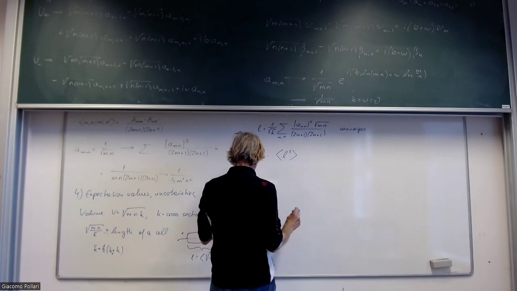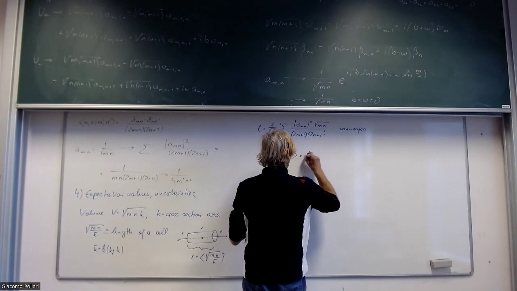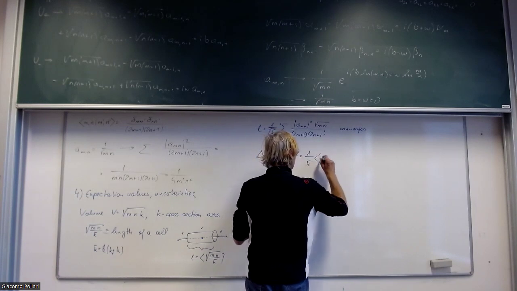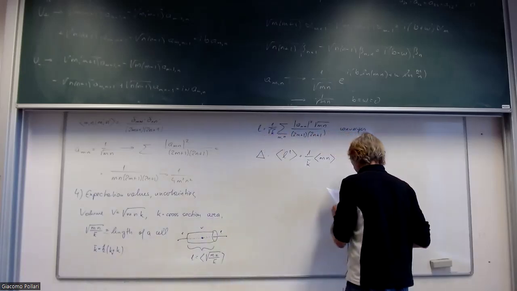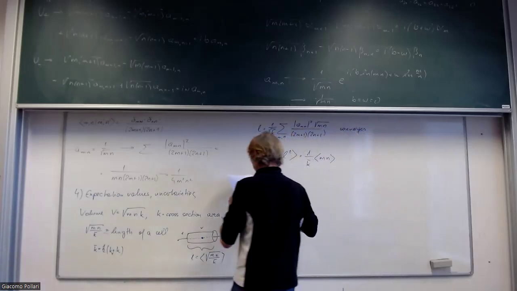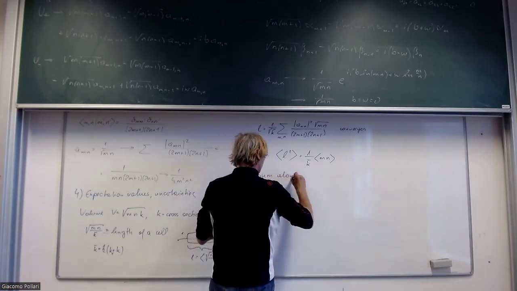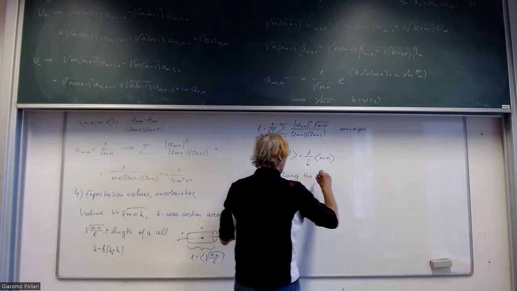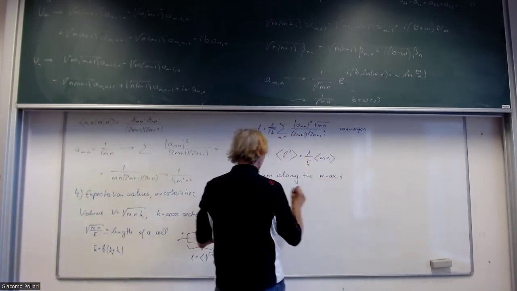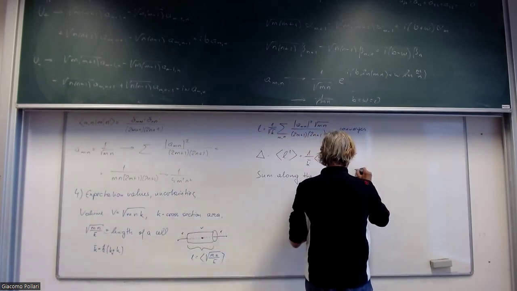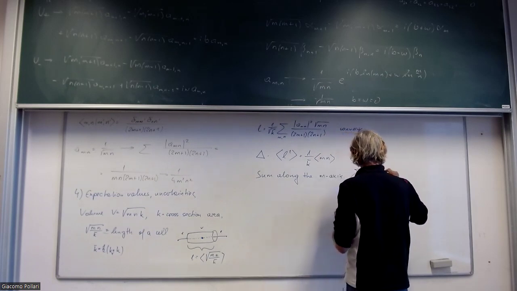But now take the uncertainty delta L. We need the expectation value of L squared, which contains, well, 1 over a is the expectation value of n. Take first the sum along the axis, the n axis, of a_{n,m}, m and 1.